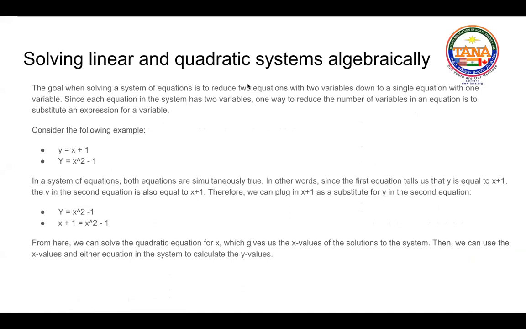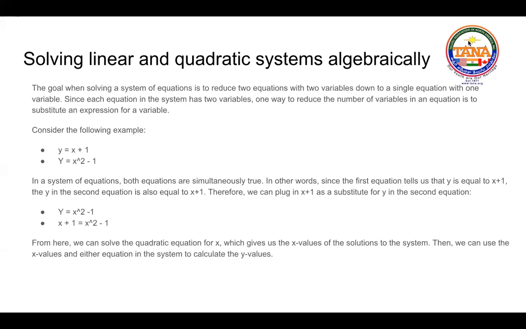Solving a linear and quadratic system algebraically. The goal when solving systems of equations is to reduce two equations with two variables down to a single equation with one variable. Since each equation in the system has two variables, one way to reduce the number of variables is to substitute, as we've done in a previous lecture.